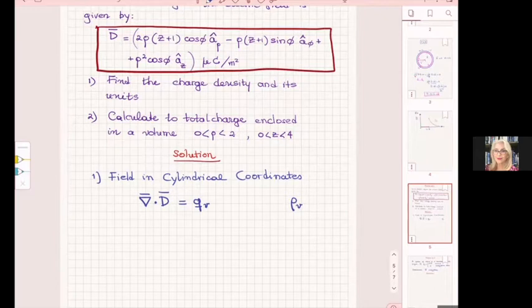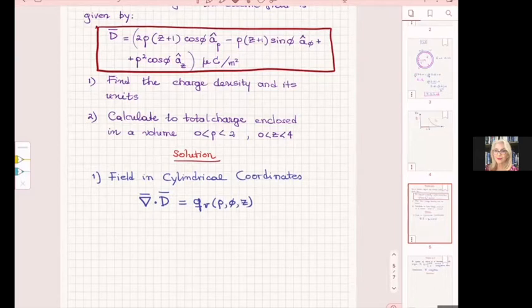And the charge density in general can be a function of rho, phi, and z. Do you agree? Nobody said that it's uniform, so it can vary. Now let's see how we are going to find it. We take D and find the divergence of D in cylindrical coordinates.